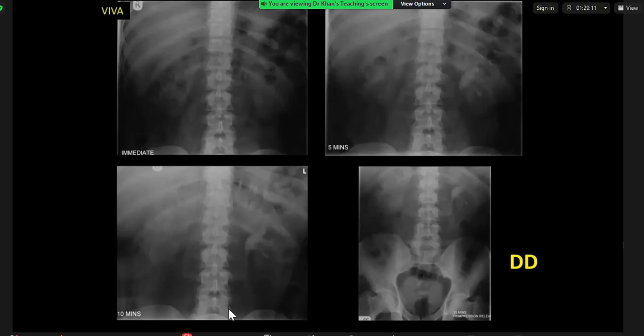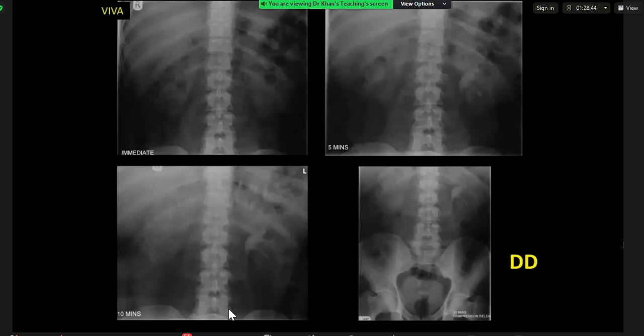On the 5-minute delay, there is some filling of the left pelvicalyceal system, but not of the right, and this is a persistent feature as we go through the 10 and 15-minute delayed images. On the 15-minute delayed image, there does appear to be some contrast within the urinary bladder, but still no contrast is seen within the right kidney or right ureter.